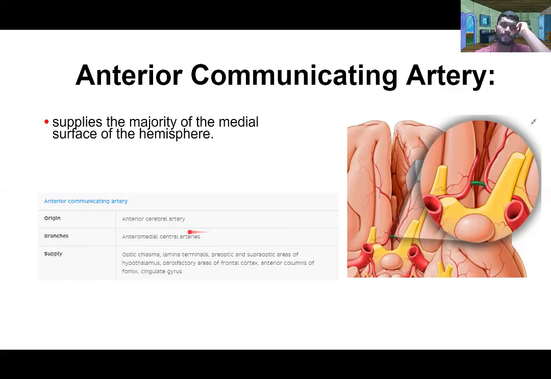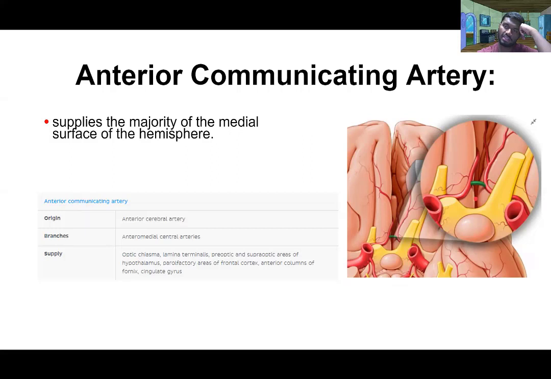The branches that supply these structures are the anteromedial central arteries. These arteries run posteriorly towards the optic chiasm and parts of the lamina terminalis at the anterior wall of the third ventricle, as well as superiorly to parts of the hypothalamus, the fornix and cingulate gyrus.